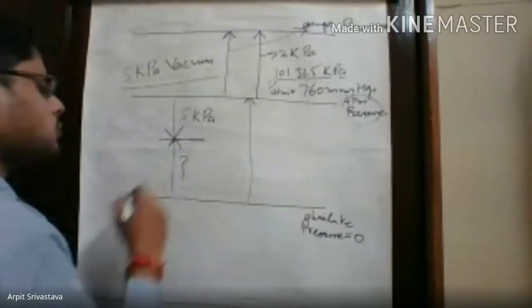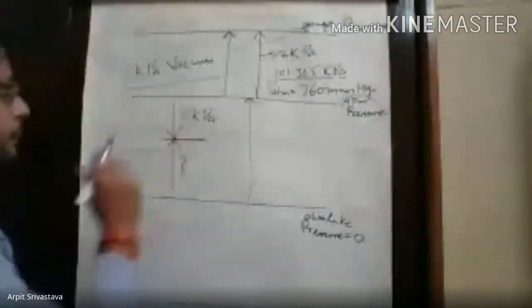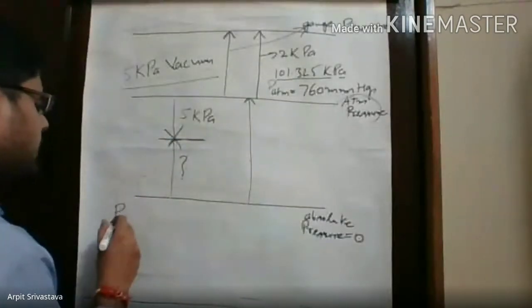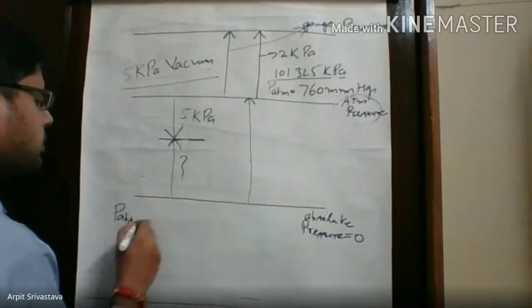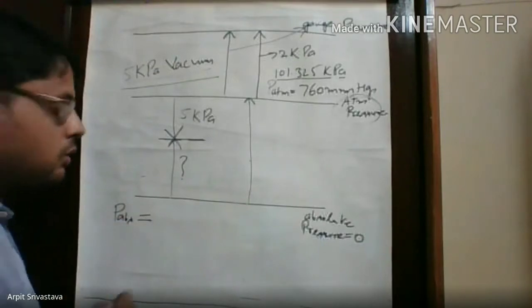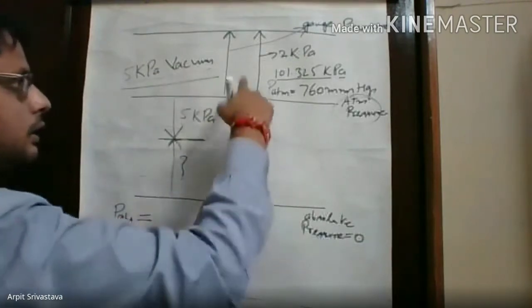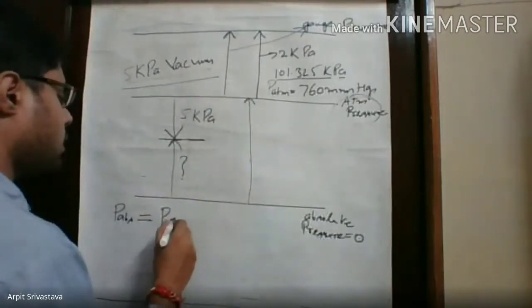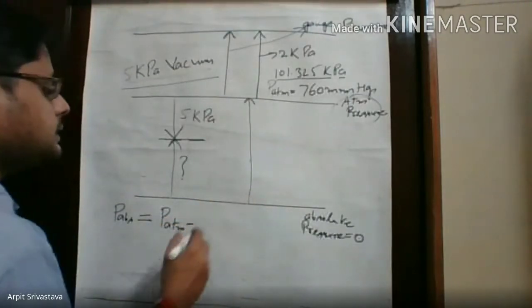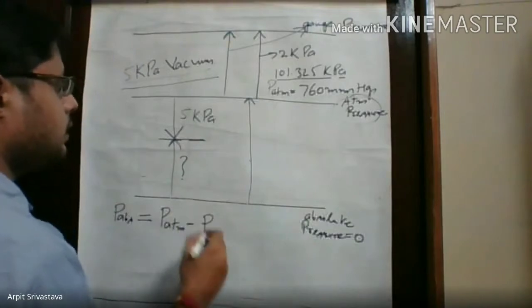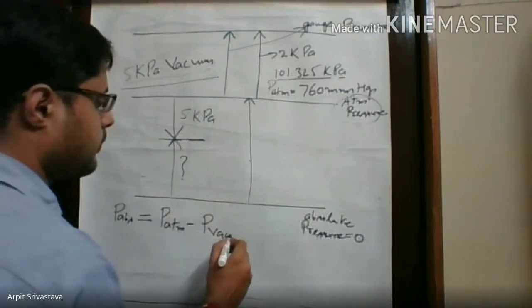If we want to calculate the absolute pressure of this body, we have to calculate this value. Simply, P absolute is equal to P atmospheric minus P vacuum.